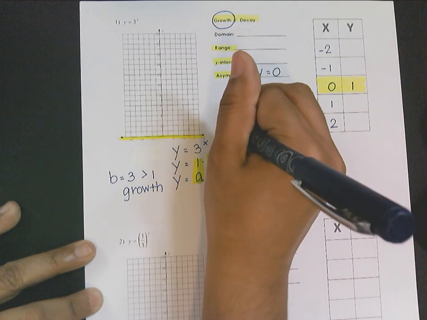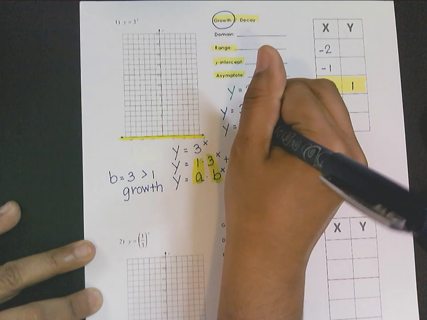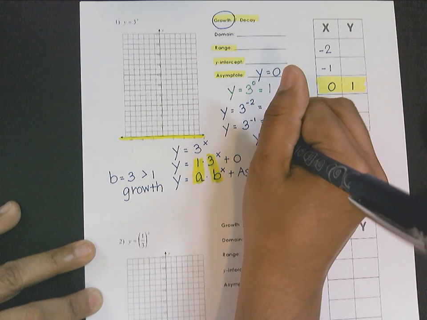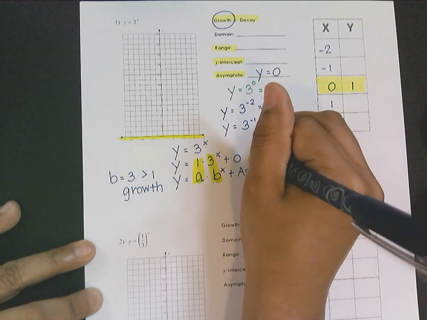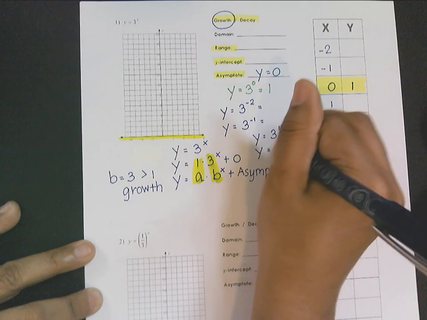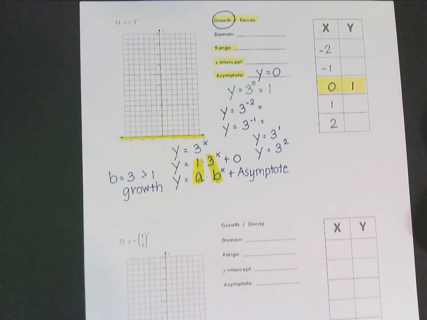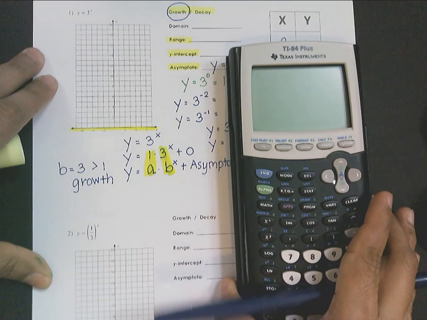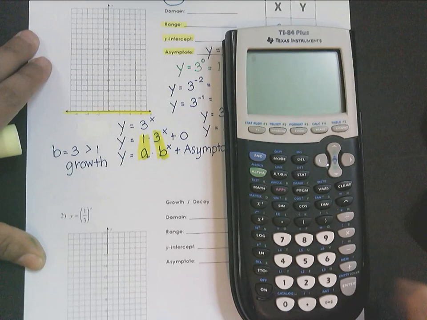And I'll show you right now in your calculator how to find these. I'm not going to do 0. And so all you have to do is you go to alpha y equals, because you're talking about fractions. So I'm going to do the very first one. Okay, so I'm going to clear my calculator.